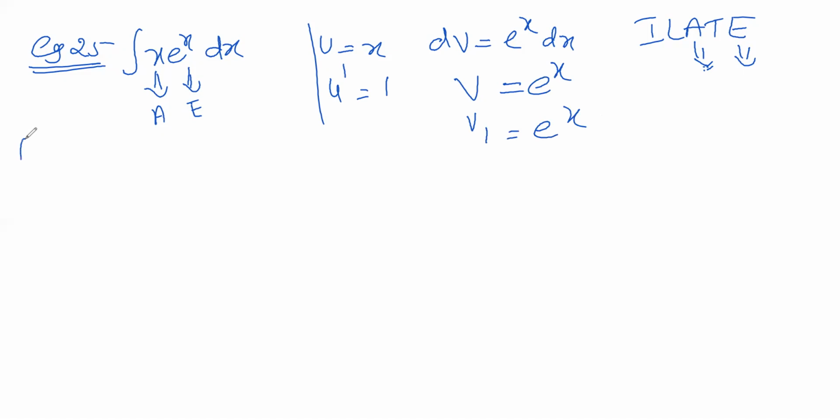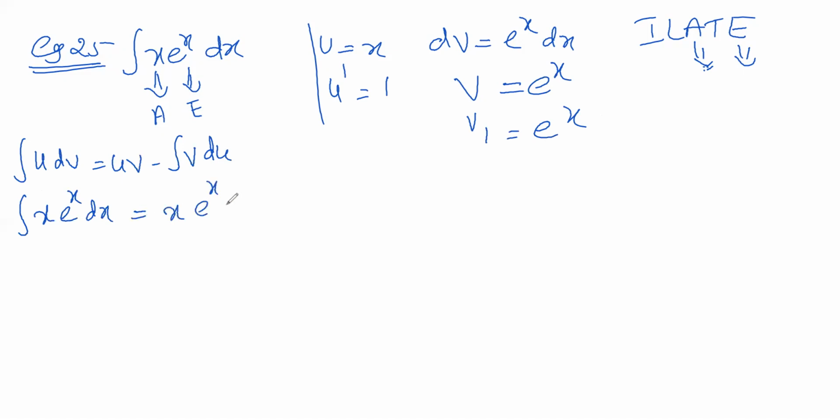So the formula is integral u dv is equal to uv minus integral v du. That is u is equal to x and dv is equal to e power x dx, so u is equal to x and v is e power x, minus integral v du.